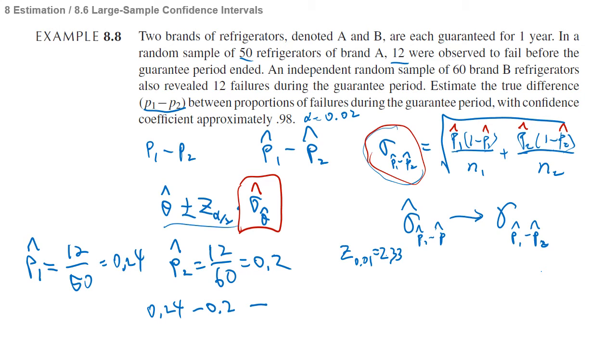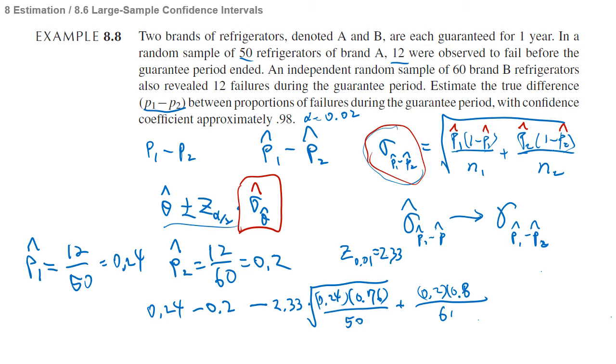So this is 2.33 times the square root of 0.24 times 0.76 divided by N1, 50, plus 0.2 times 0.8 divided by 60. To calculate this, you will get minus 0.1451.